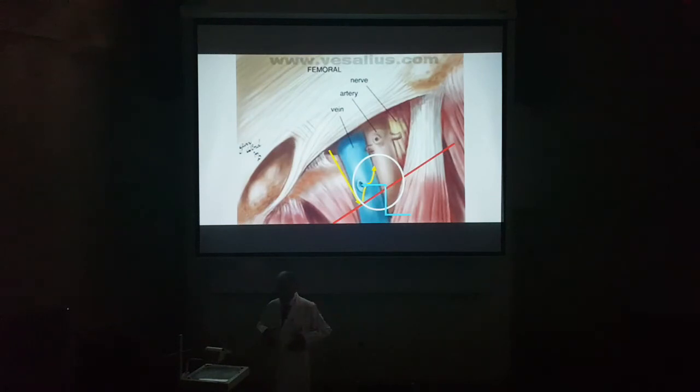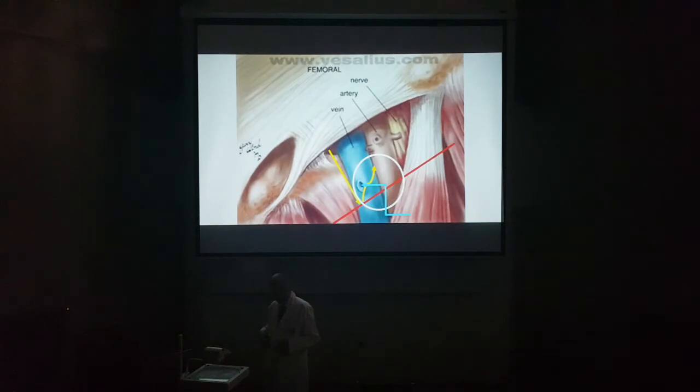And you remember when there is a trauma to the anterior abdominal wall and there is blood collection, blood will come down over the thigh, and you will be happy because the injury is superficial.